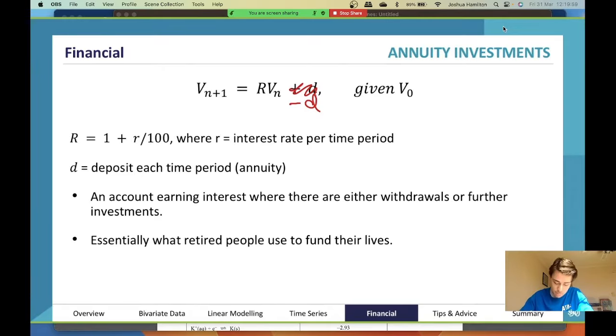So the interest earned might be $100 the first time, because it'll be earned depending on what's in there, so it compounds. But then they take out $300. So the principal gets smaller, and so every time the interest they earn gets smaller. And eventually this will reach $0 and the whole thing will be spent.